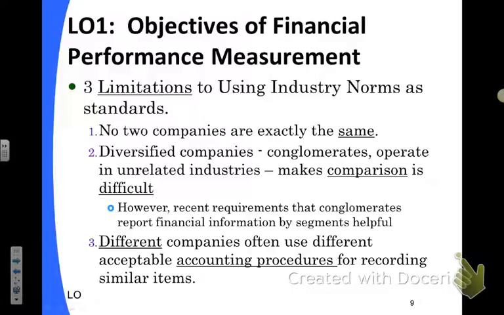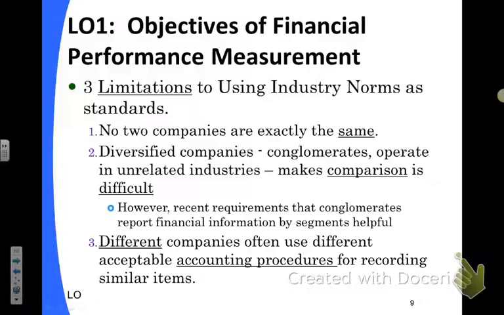They don't target the same exact markets, and they don't provide the exact same types of goods and services to their customers. Another limitation of using industry norms, as we mentioned, is diversified companies or conglomerates, because their different business segments may be operating in unrelated industries. So making comparisons to other conglomerates would be very difficult.